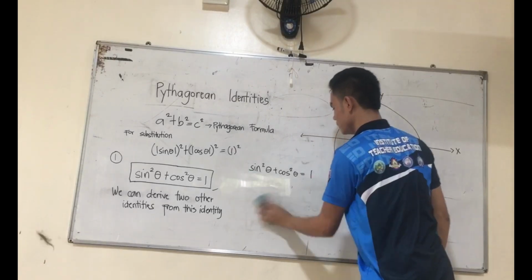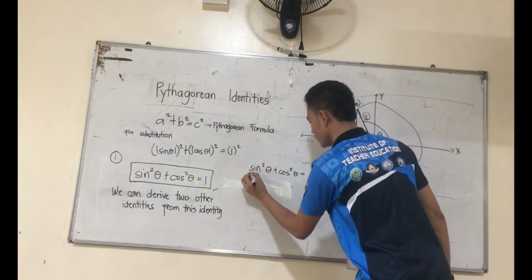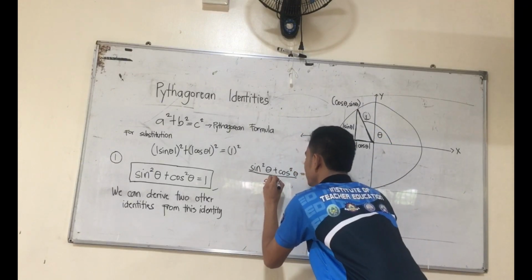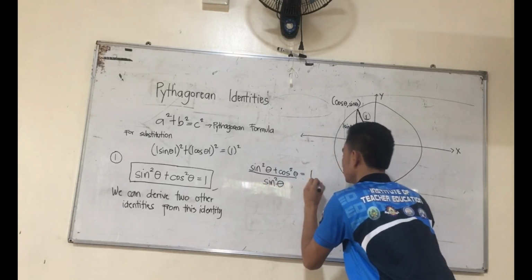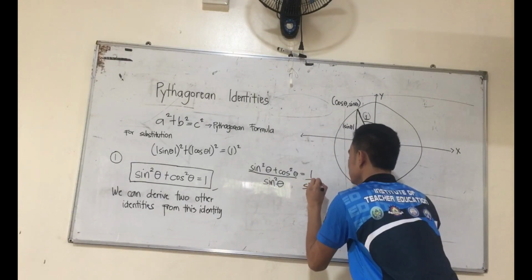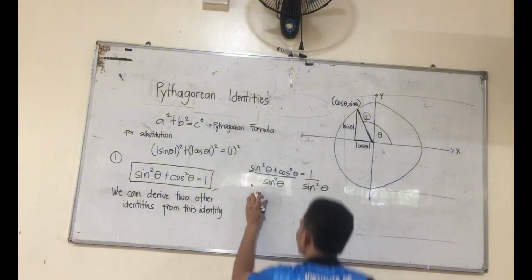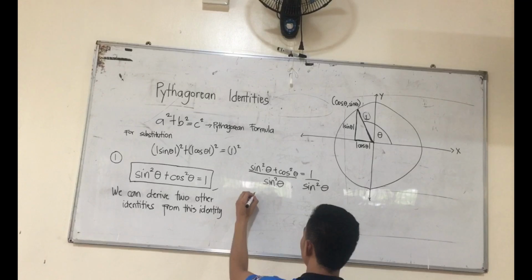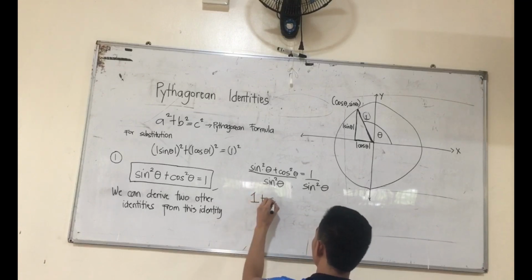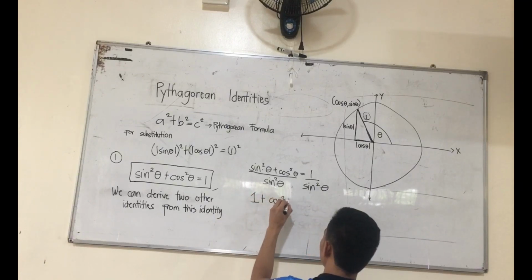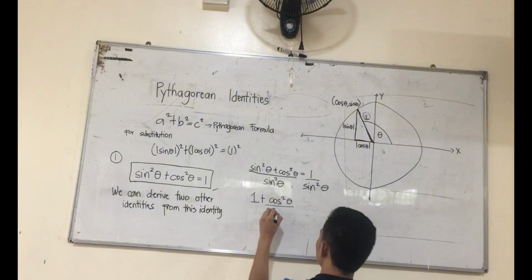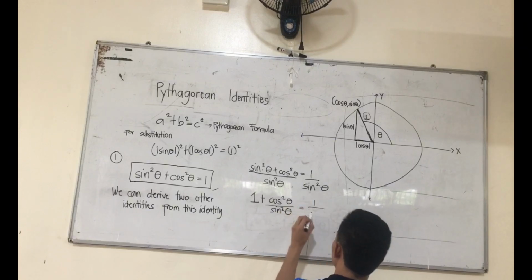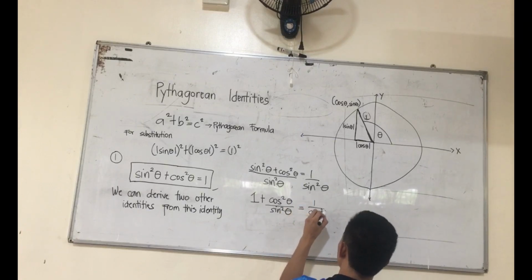To derive the third identity, we can still use the first Pythagorean identity. So we divide each side by sine squared theta, and sine squared theta over sine squared theta is equal to 1, plus cosine squared theta over sine squared theta, and the right side is 1 over sine squared theta.